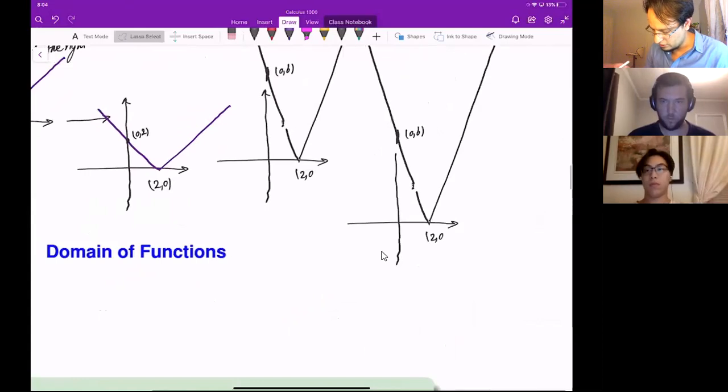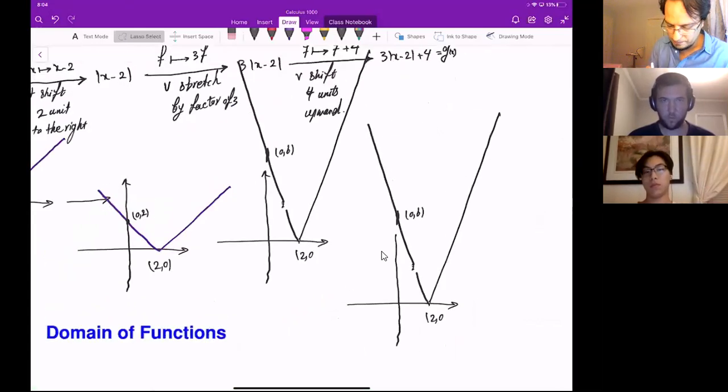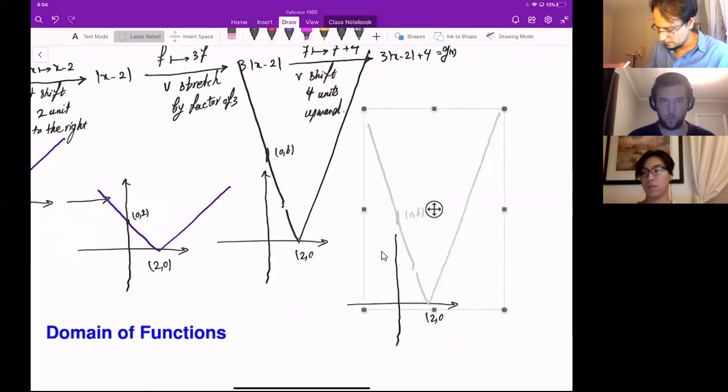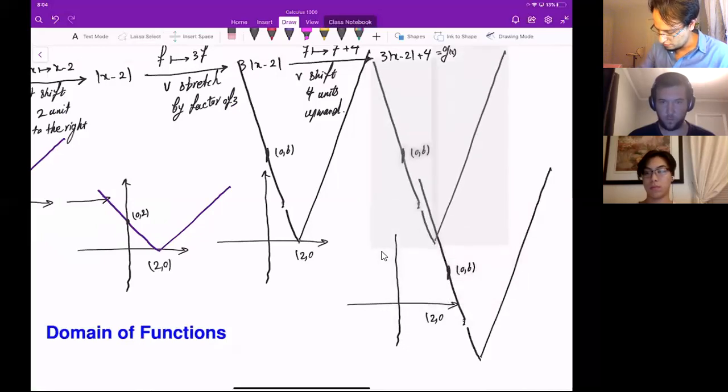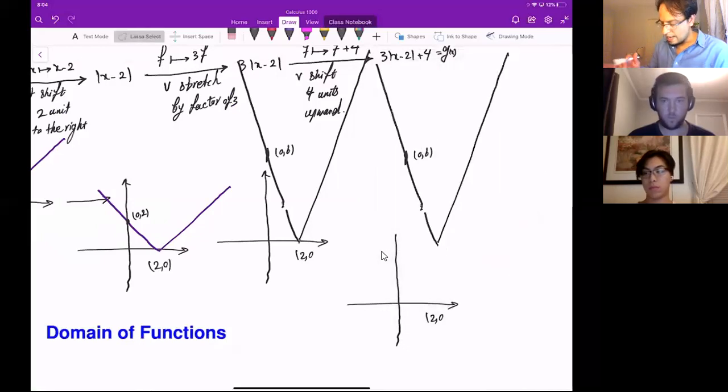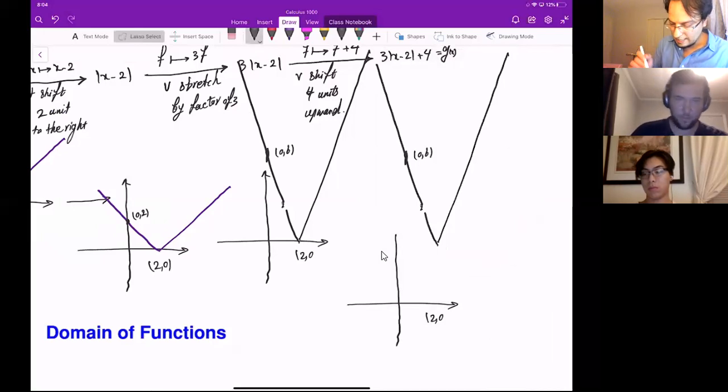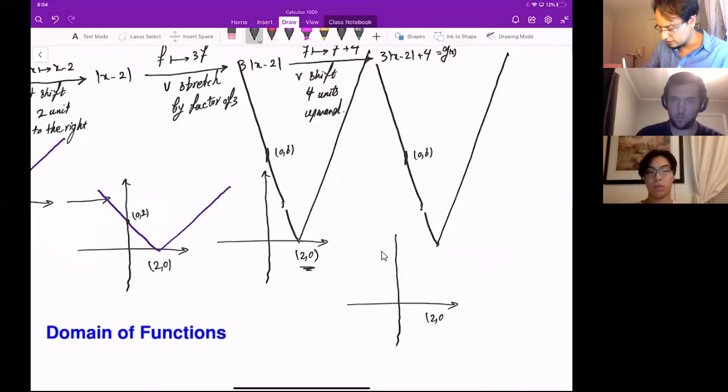Now I need to just shift these guys upward, just a unit of 4. Something like that. And when you shift that, I have to tell you what will happen to this point here. This will go to 2 and 4. And 0, 6 will go to 0 and 10. That way we have the sketch of the function g.